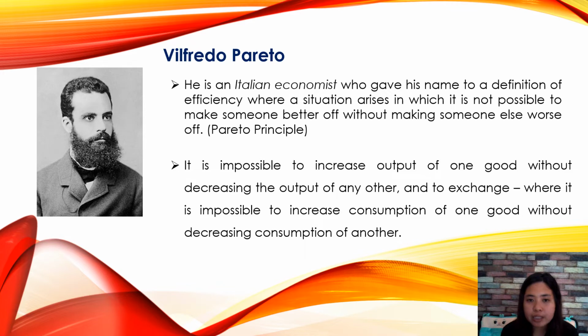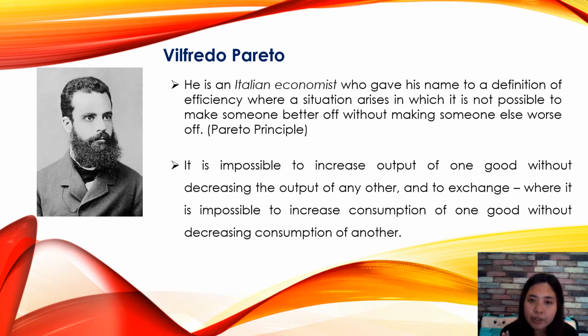Vilfredo Pareto is an Italian economist. He gave his name to a definition of efficiency where a situation arises in which it is not possible to make someone better off without making someone else worse off. The Pareto principle.